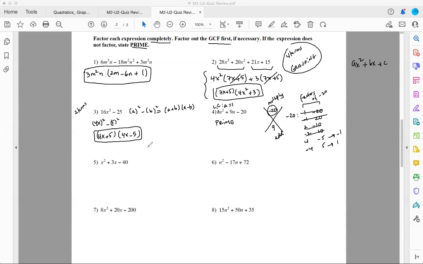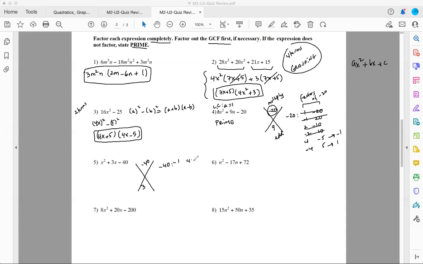Number 5, x squared plus 3x minus 40, same idea. What two numbers multiply to negative 40 and add up to 3? Some of you may automatically land on the correct pair of numbers, and some may not. But in either case, you can always resort to this method. What are the factor pairs of negative 40?